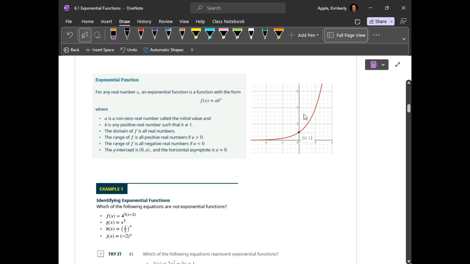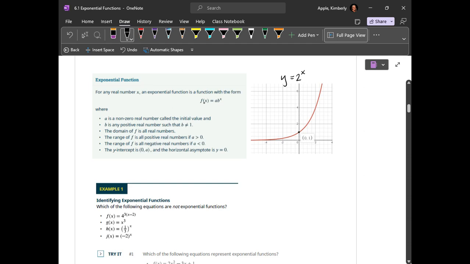So this is a general exponential function. This one in particular is a really common exponential function, y equals 2 to the x in this picture here. In general, here is a set of characteristics for any exponential function.